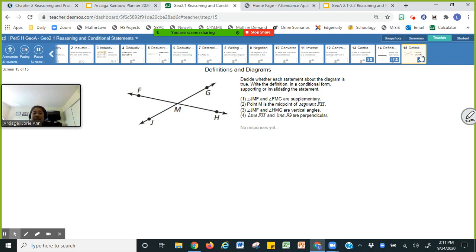So you'll have more time to do it. And the last slide, all you need to do is decide whether it's true or false based on the diagram. If it's true, then write a conditional statement, like a definition, supporting it. If not, write also the definition that it violates.